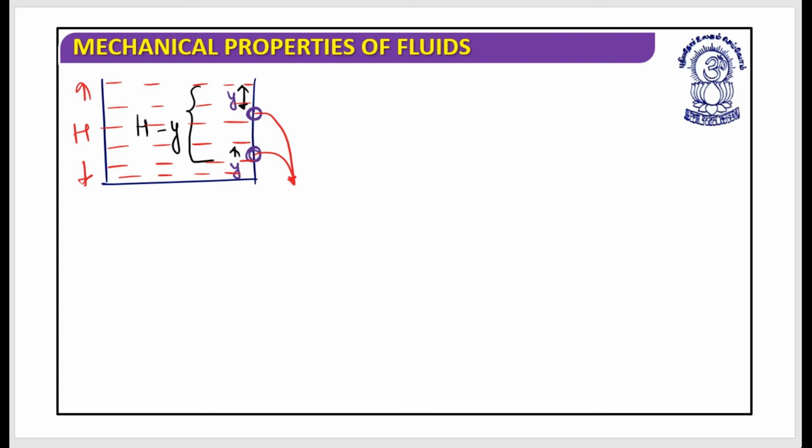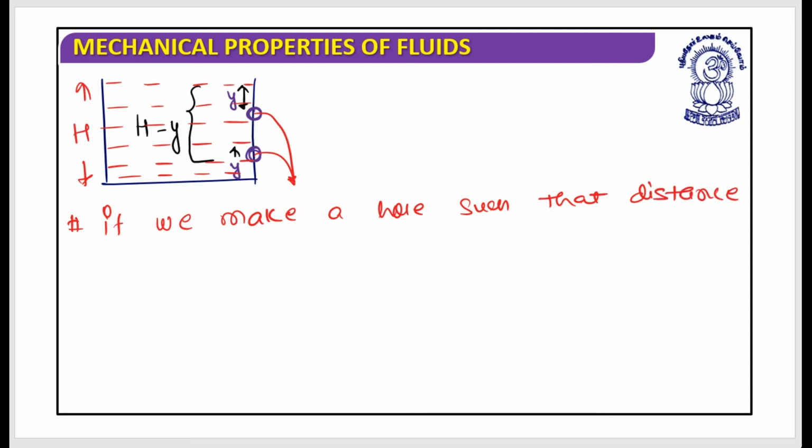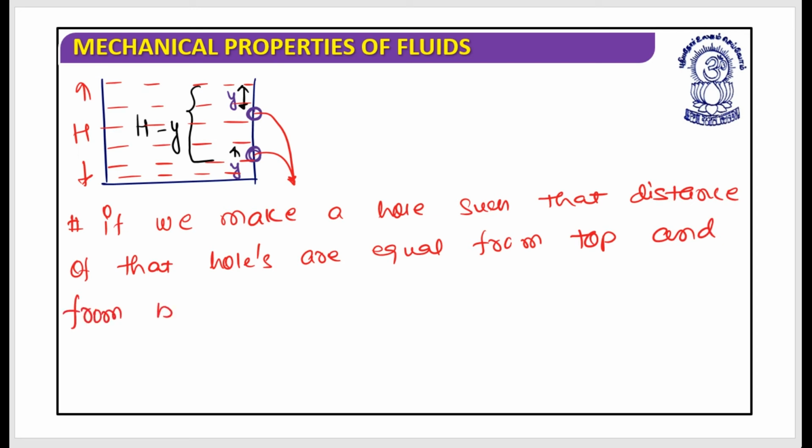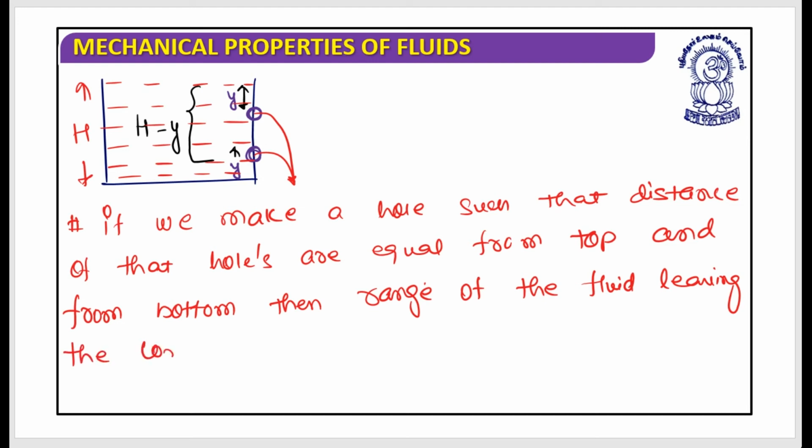Is it clear? So let me write this down: if we make holes such that the distances of the holes are equal from the top and from the bottom, then the range of the fluid leaving the container would always be equal.